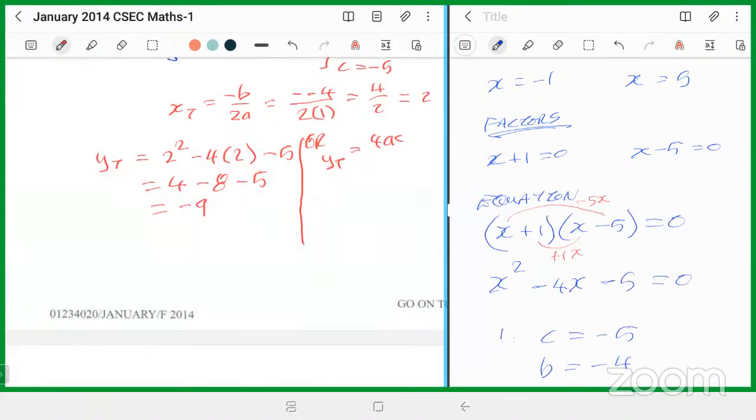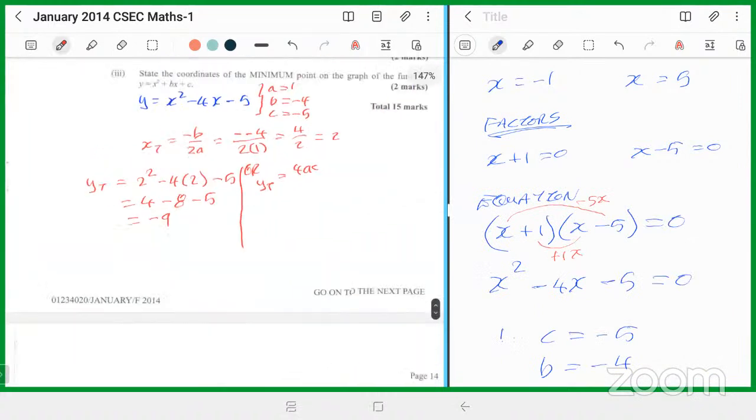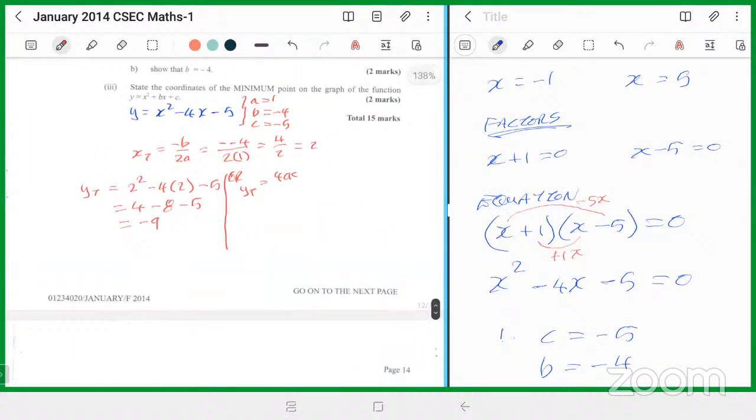That's the wrong thing. Alright, so back to the formula. 4ac minus b squared divided by 4a. I'll put in the values. With the 4 times a, the a is 1, times c, the c is -5, minus, and the b is -4 squared, all over 4 times a, where the a is 1.